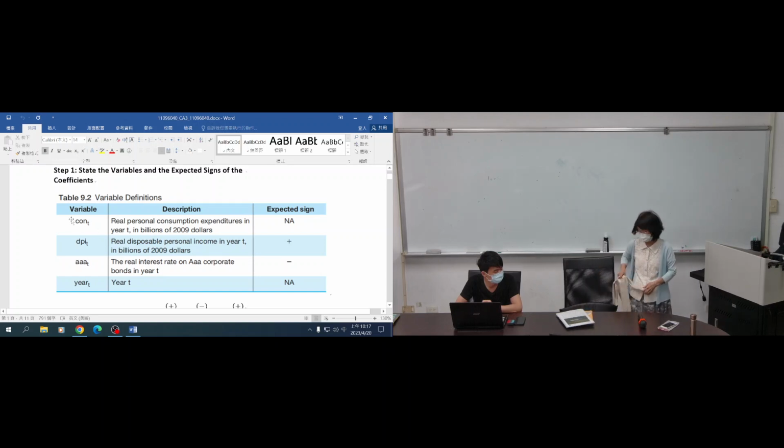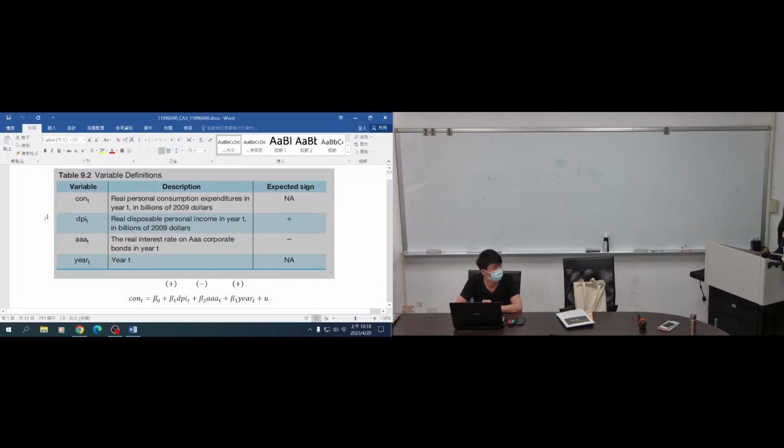We would like to know about the consumption expenditures in year T in billions of 2009 dollars, and the DPI is the real disposable personal income, and AAA is the real interest rate of AAA corporate bonds in year T. For DPI the expected sign was positive, and for AAA negative, because when the interest rate is higher, people tend to put their money into investment, not consumption.